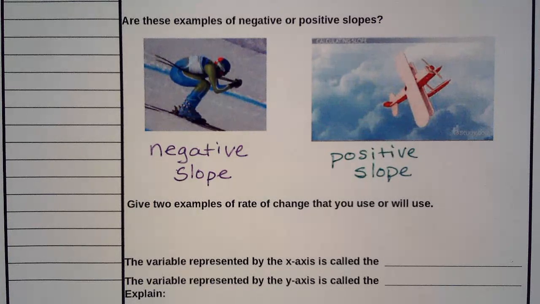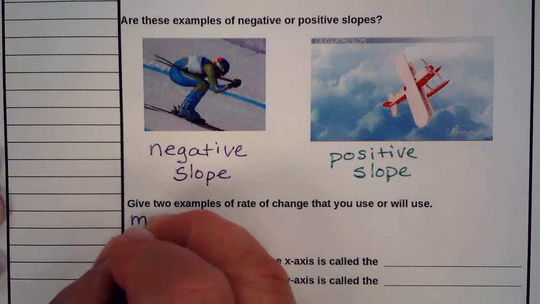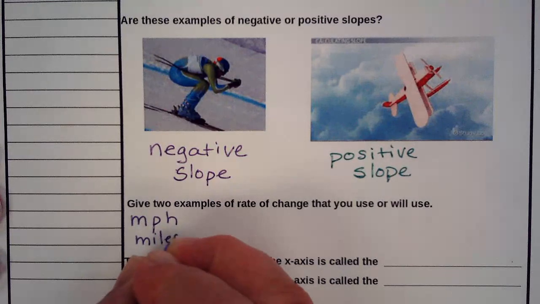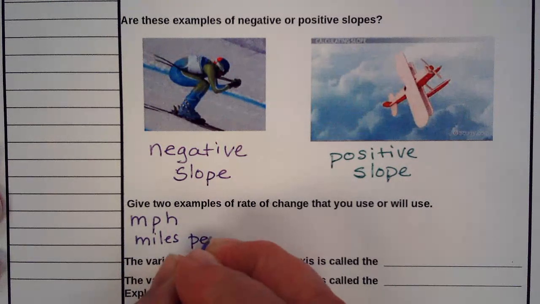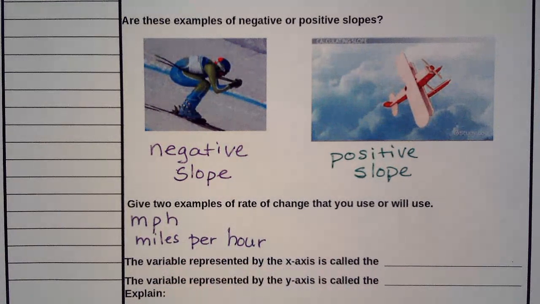If you go over what you're supposed to, you will get a speeding ticket. What is the rate of change? Miles per hour. Can you think of another one?